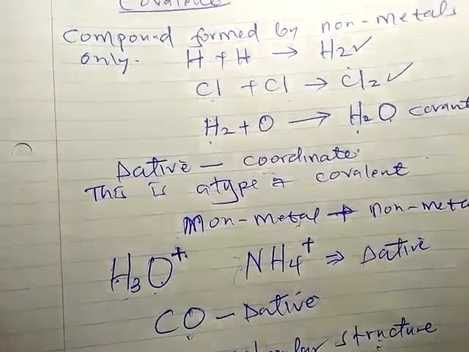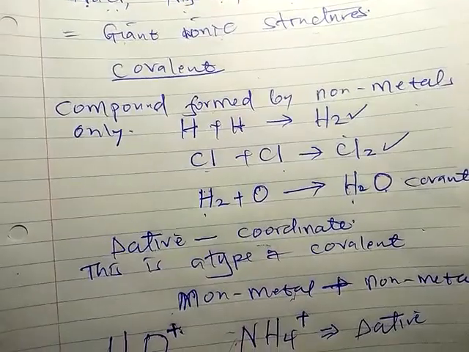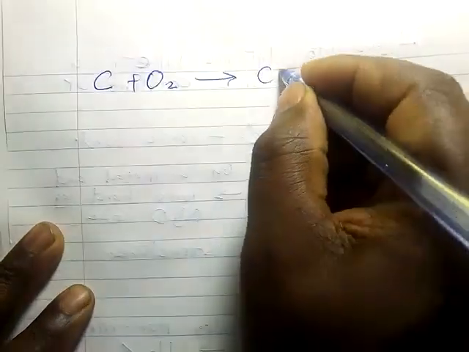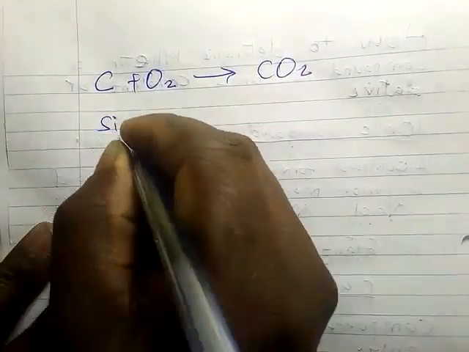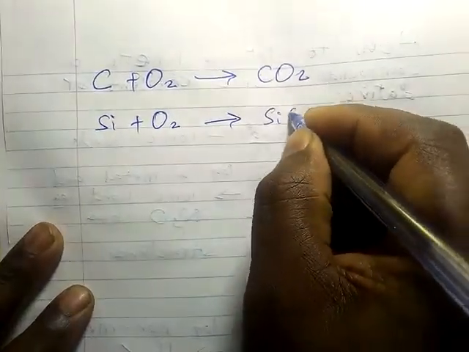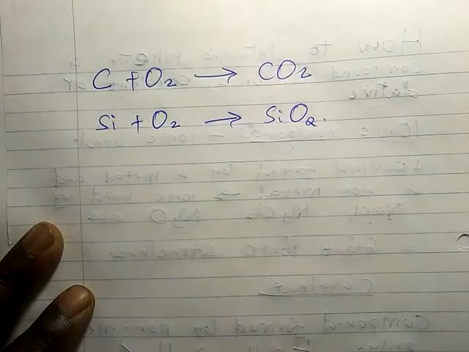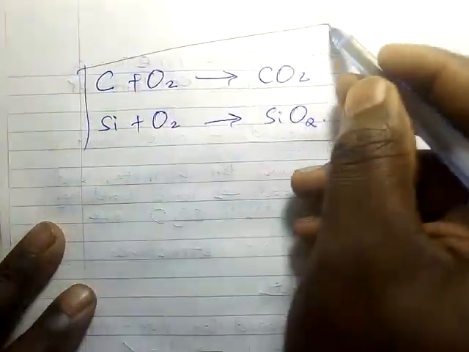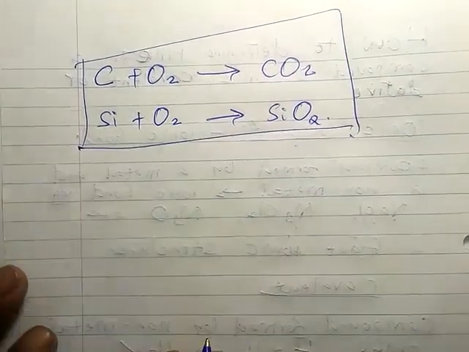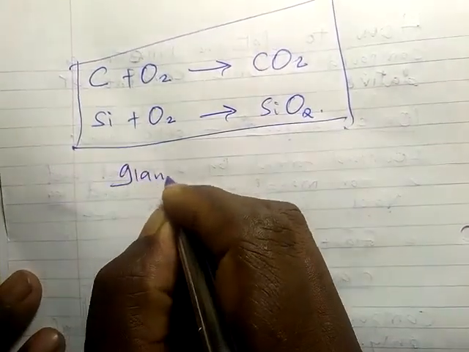But there is a difference when carbon combines with oxygen to form CO2 and silicon combines with oxygen to form silicon(IV) oxide. They don't form simple molecular structures, but they form giant structures.